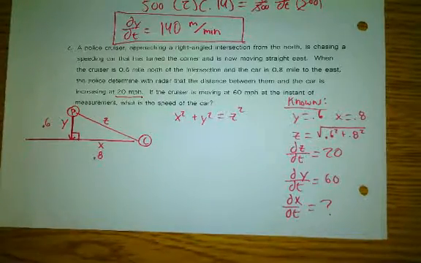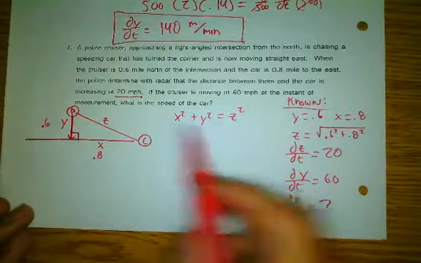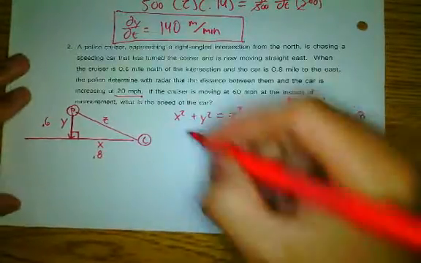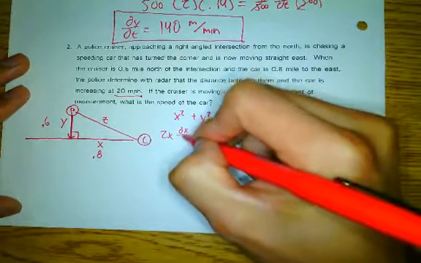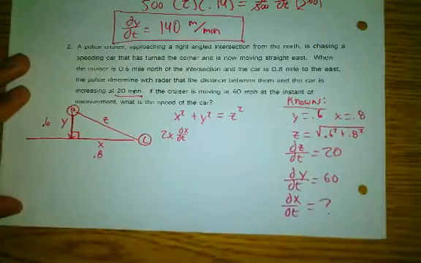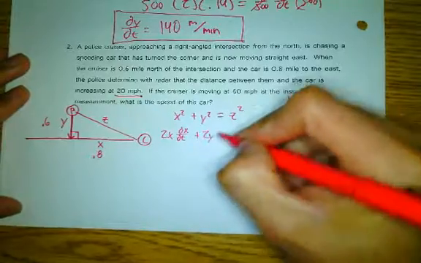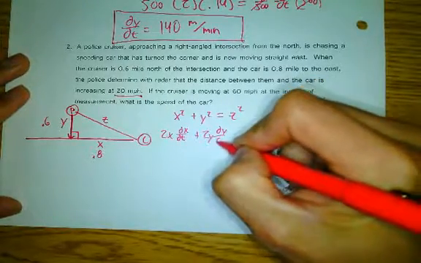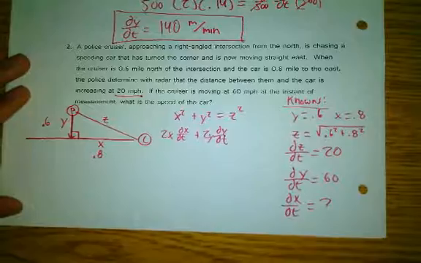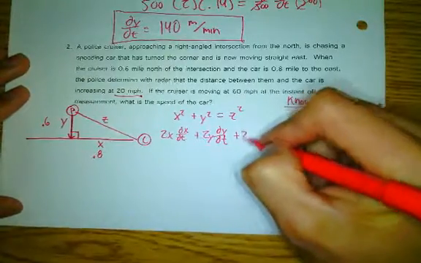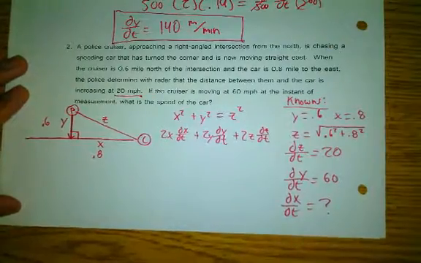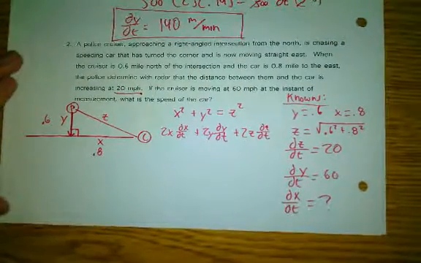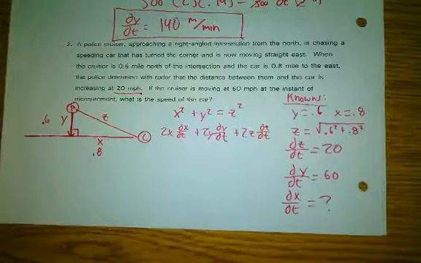I have to derive this thing. 2x dx/dt plus 2y dy/dt equals 2z dz/dt. Agreed? We derive everything, not plus, my mistake, equals.